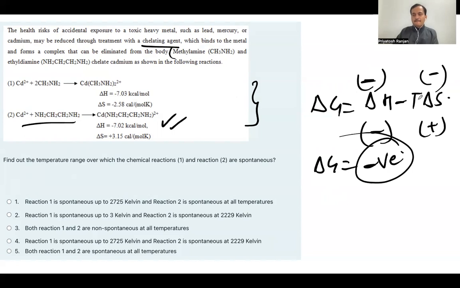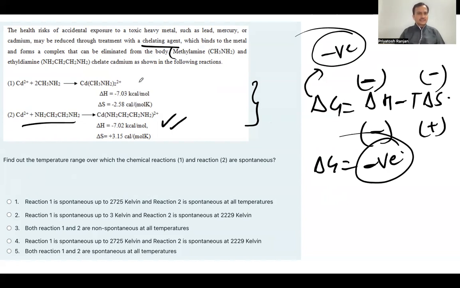If I have to make this reaction spontaneous, it should take place at lower temperatures, which you can easily figure out. When I say spontaneous, I need to make sure that delta G is negative. And for that, if delta H is negative and delta S is also negative, you need to have a look at these values.